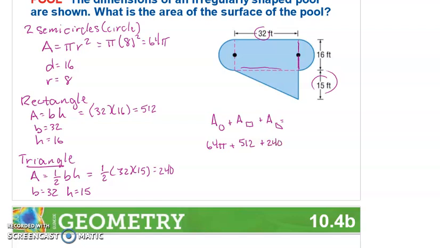So if we're going with exact dimensions of this, because remember exact means you haven't rounded anything, you haven't used the pi or anything, you're going to combine like terms. The 512 and the 240 are like terms, so this is 752. And then the 64 pi, we typically leave it like that, treating the pi as a x, just like you would as a variable.